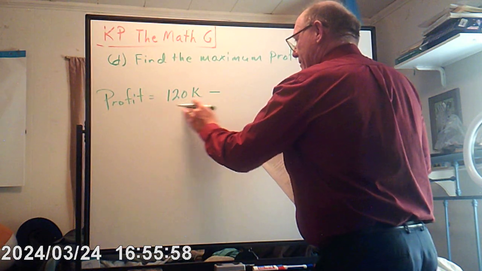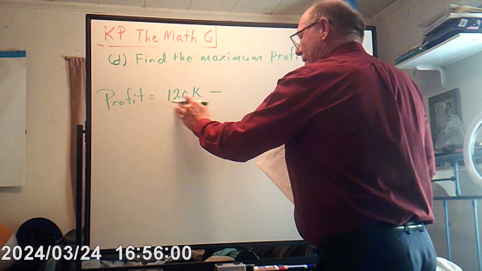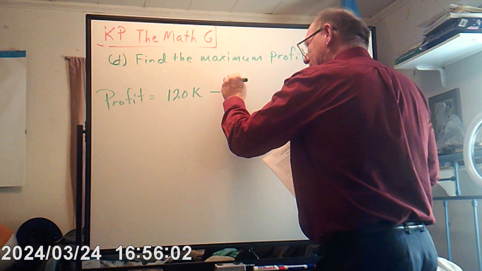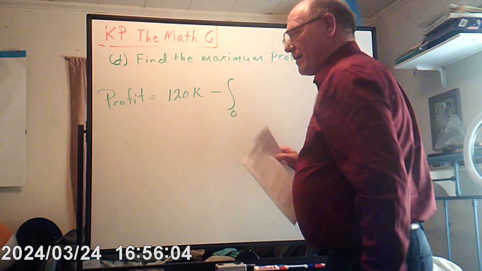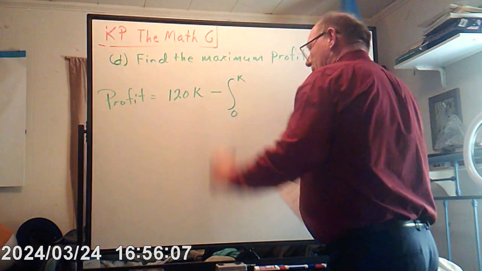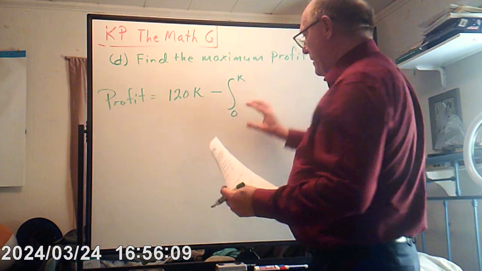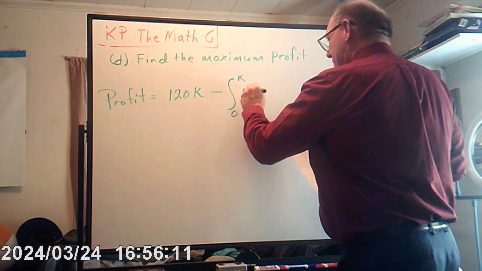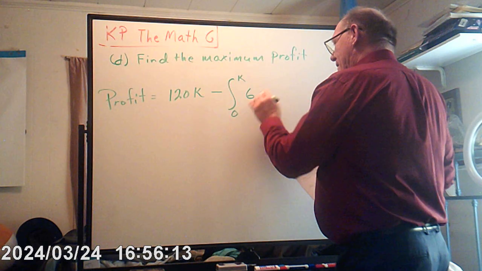This is how much it's sold for, but they're not going to make that kind of money. They have to subtract off. They've got to pay this person off, whoever this is. This is 6 times the square root of x.